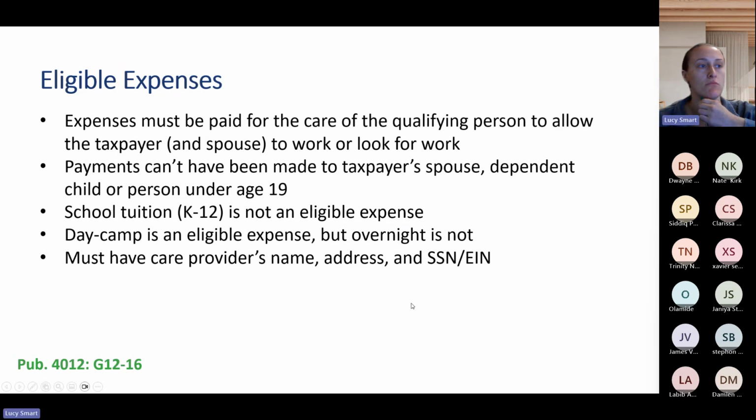So her brother is not her dependent, not her spouse, of course, not her child under age 19. It's not school tuition.